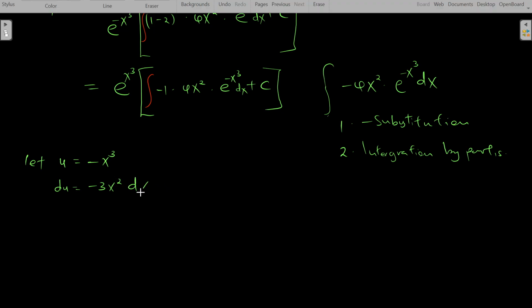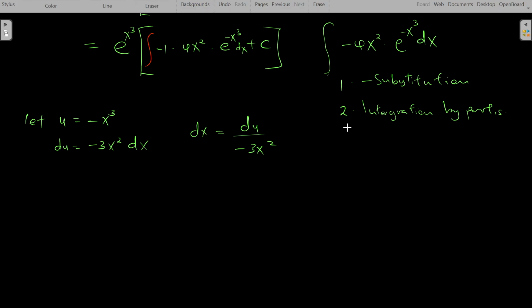If I solve for dx, I should get dx equal du upon negative 3x squared. If I replace all these expressions in this integral, we have the integral of negative 4x squared multiplied by e raised to u, then multiplied by dx as du upon negative 3x squared.